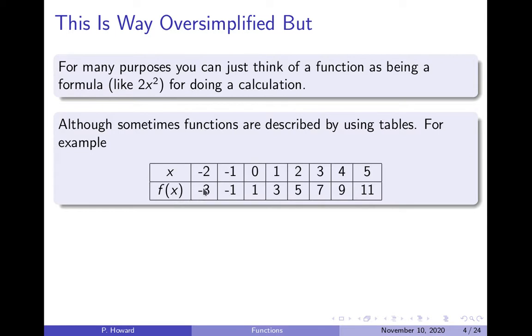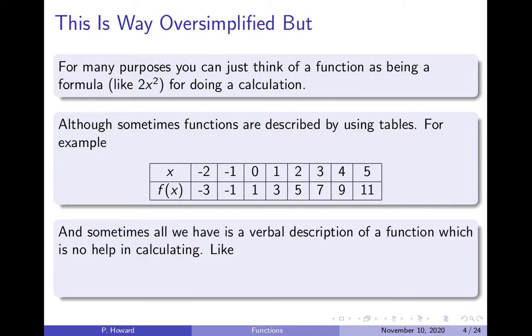So when the input is 3, for example, the output, f of 3, will be 7. And when the input is 5, you locate 5 in the top row of the table, and the number below 5 gives you the output. f of 5 is 11. So when a function is given by a table like this, we have to assume that the numbers listed in the top row are all of the possible inputs.